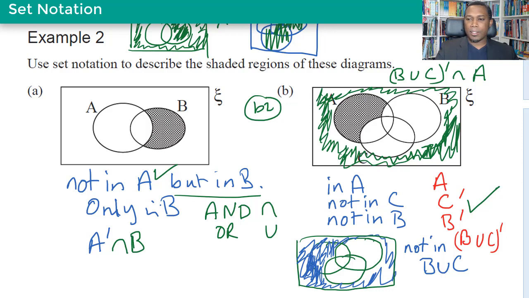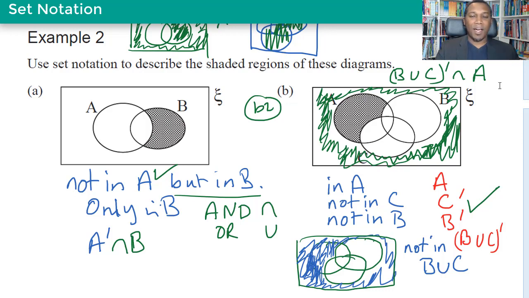What I'll do now, let's just write it. There's one more point I want to bring across on this before we go the other way, where we look at not identifying the name of the shaded region, but where we're given the complex set notation expression.